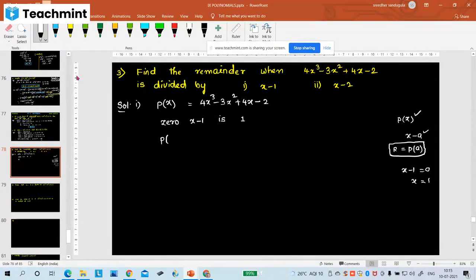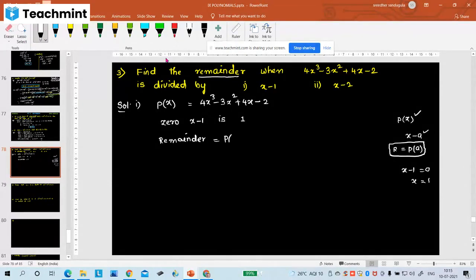Then remainder equals to, let me write remainder because it is asked to find the remainder. According to the remainder theorem, remainder equals p of a.